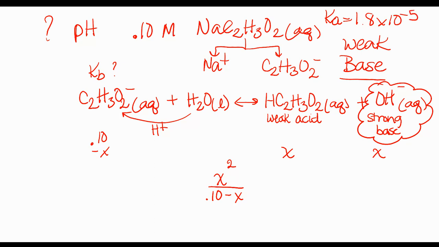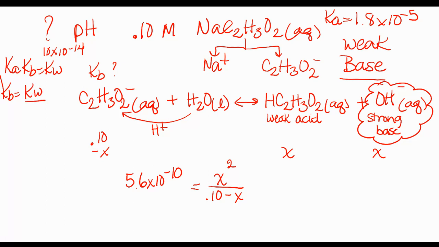So to find Kb, Ka times Kb equals Kw. And remember Kw, 1.0 times 10 to the negative 14. So if I divide this Kw by that Ka, I'm going to end up with 5.6 times 10 to the negative 10. Okay, so Kb equals Kw divided by Ka.